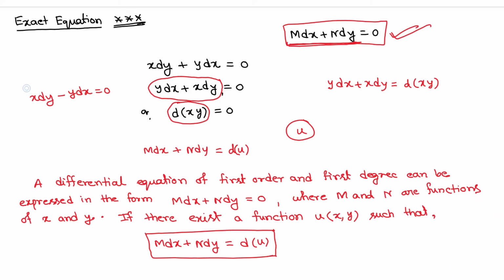Can you find the function u? You cannot, because this equation is not an exact equation. That means here we have a problem in this definition: we cannot find the function u easily.